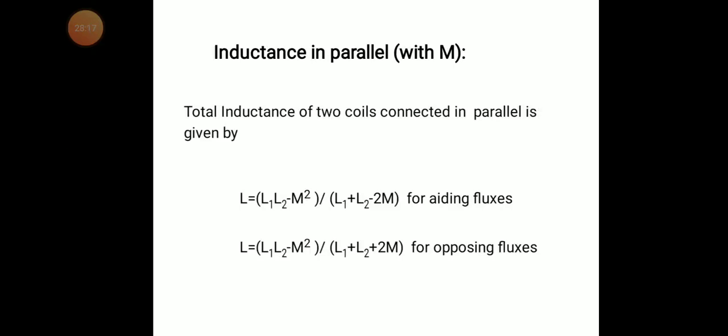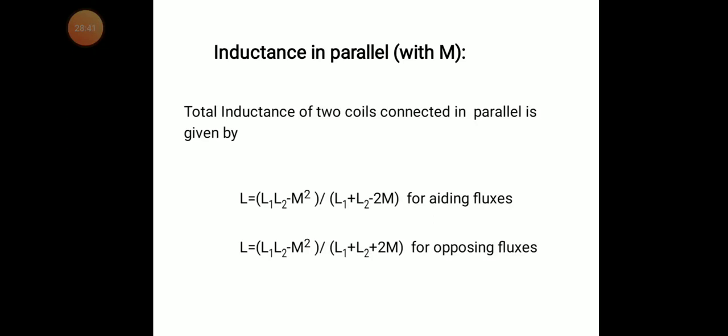The total inductance of two coils connected in parallel is given by a formula we could derive, but we do not need the derivation. Simply remember that for aiding fluxes, the total inductance L equals (L1 L2 minus M square) by (L1 plus L2 minus 2M).